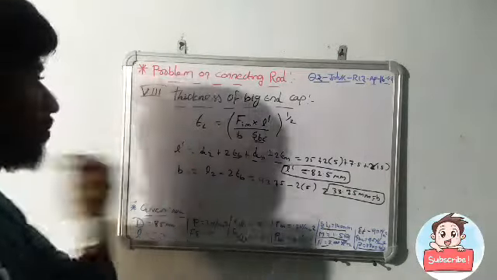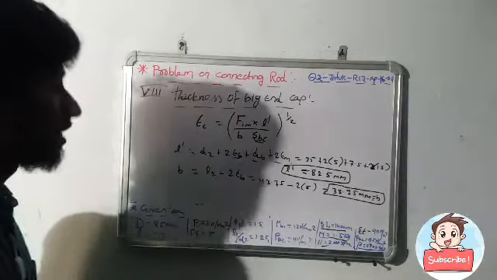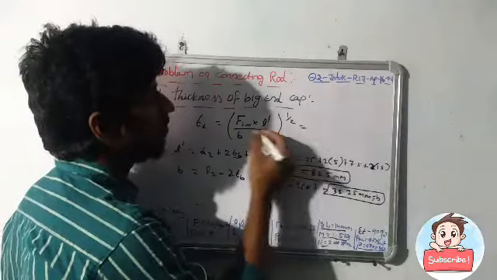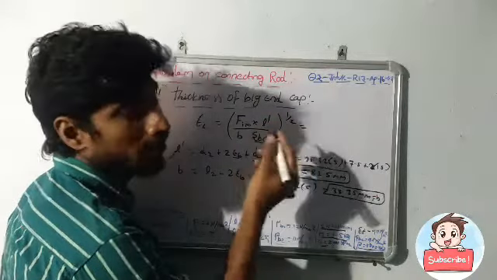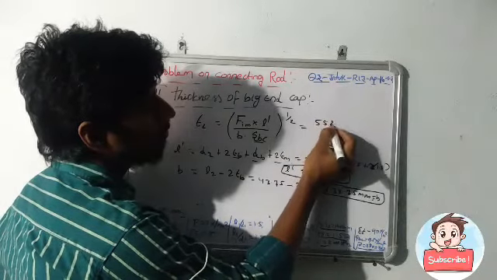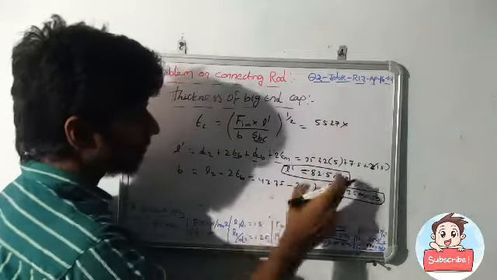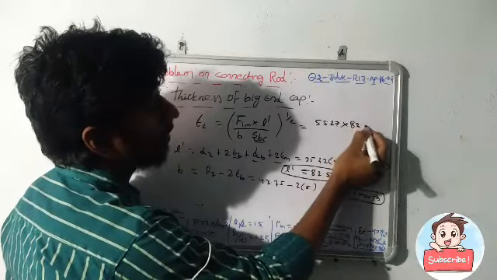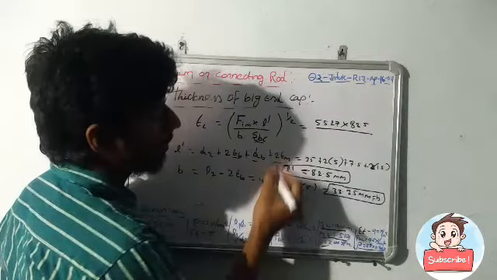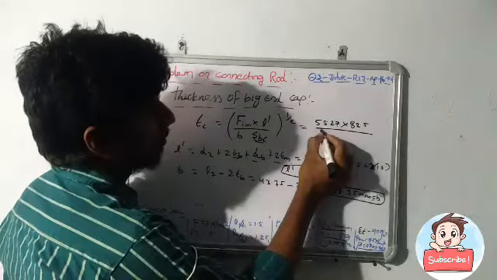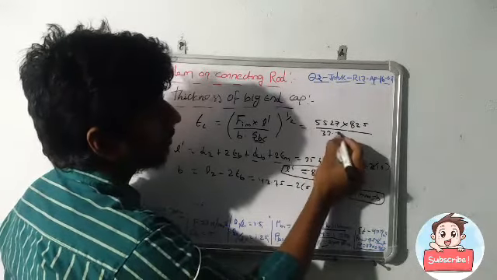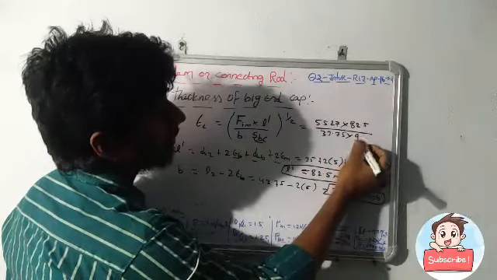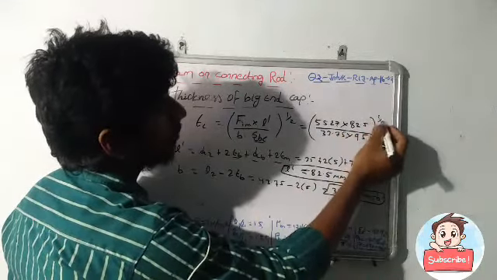Substitute those values in the above equation to get the thickness of big end cap. FIM is 5527 into L dash, 82.5, divided by B, 33.75, into SBC, 95, whole power 1 by 2.